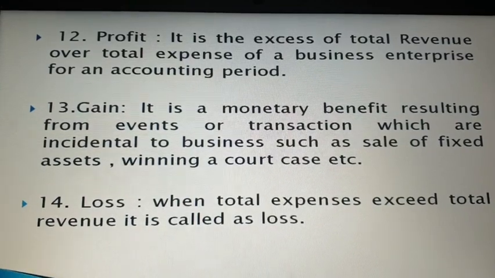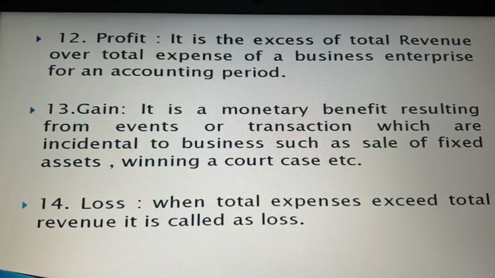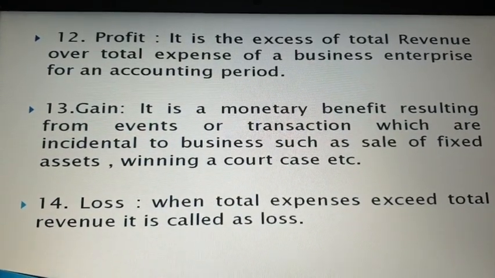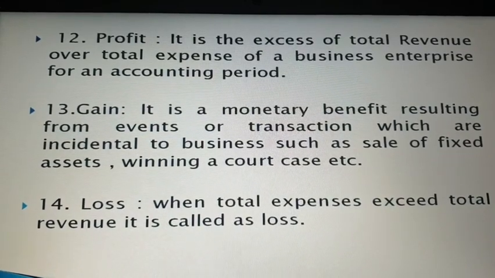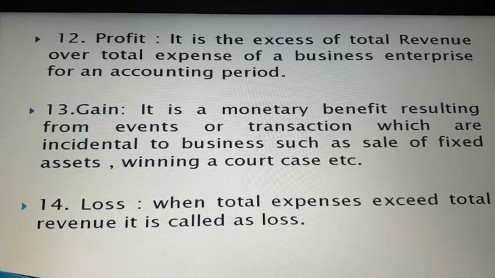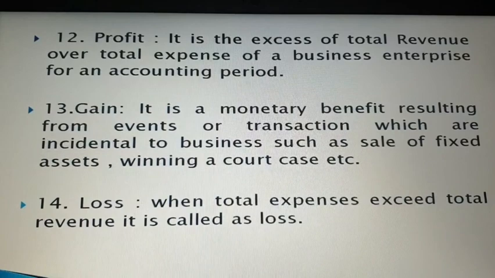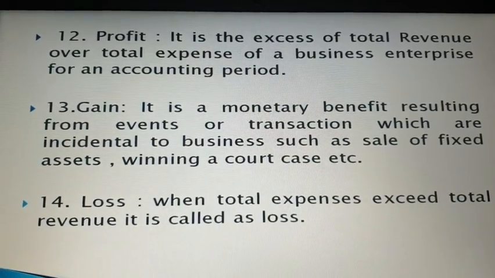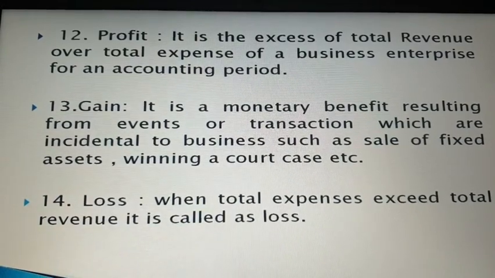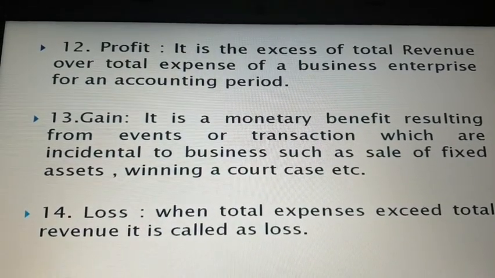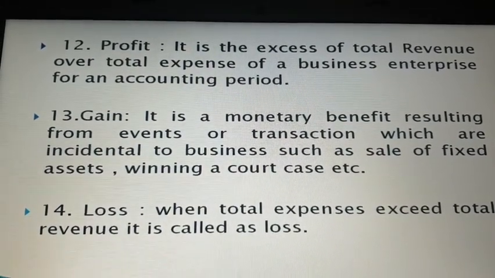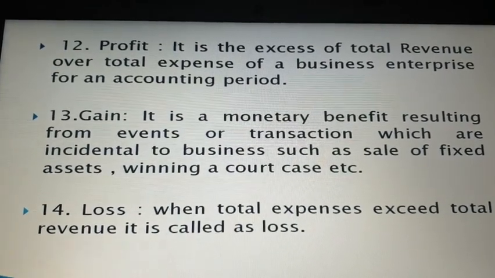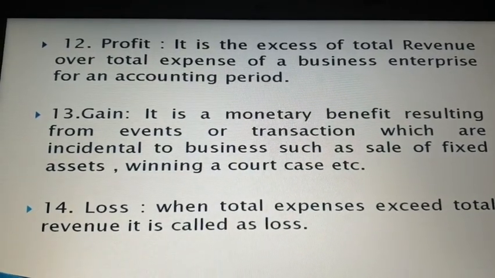Is it clear? Now move to point number 13, gain. It is a monetary benefit, meaning the benefit in terms of money, resulting from an event and transaction which is incidental to business. Whatever monetary benefit a firm gets from such a transaction related to business, such as sale of assets and winning a court case, is called gain. Next, loss.